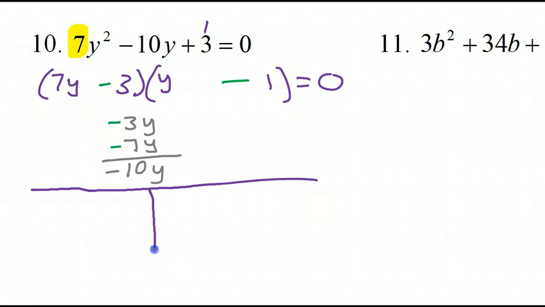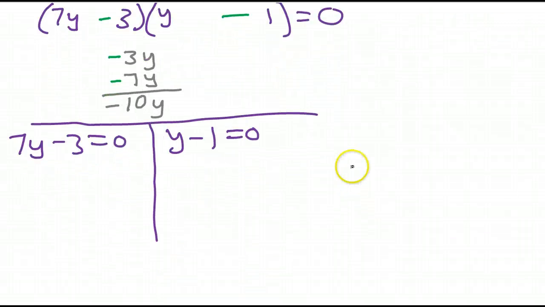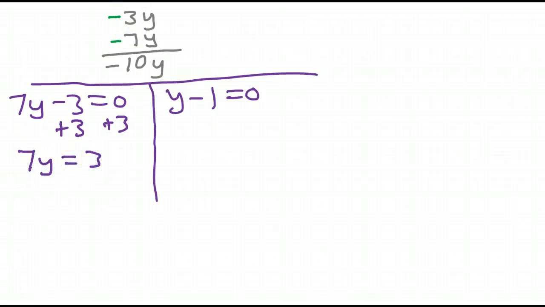Okay, alright. So zero product property, so 7y minus 3 equals 0, and y minus 1 equals 0. If I add 3 to both sides, that's going to give me 7y equals 3.